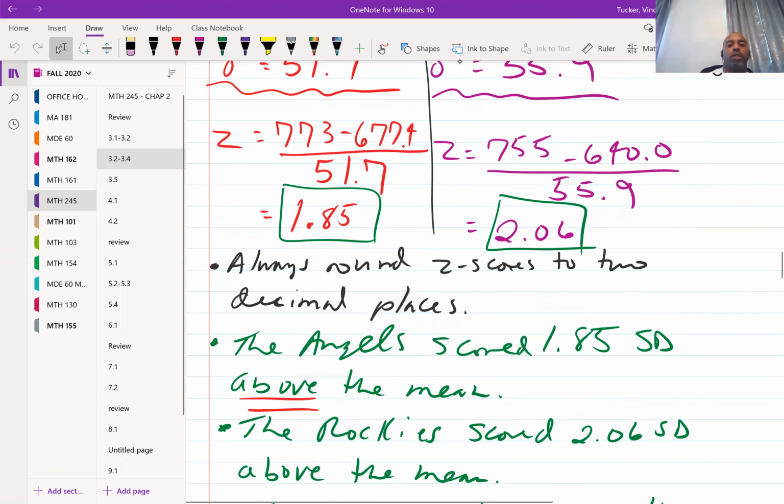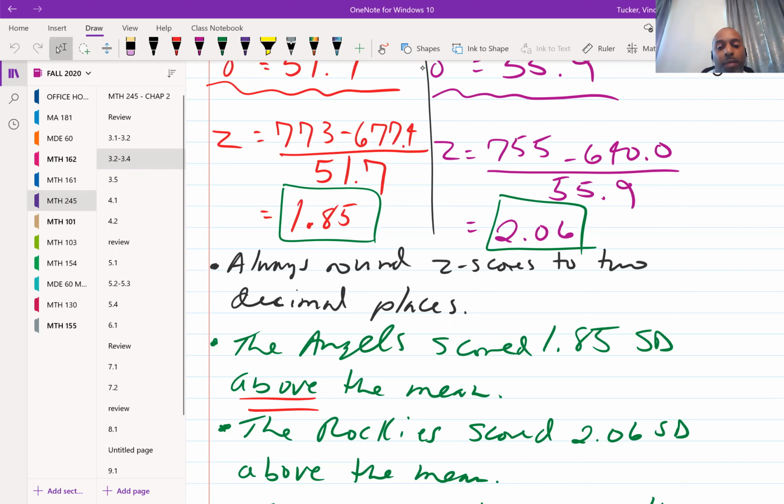All right, so looking at the 1.85 and the 2.06, the Angels scored 1.85 standard deviations above the mean. I underlined "above" just to make sure we understand why we're saying above. It is possible for your z-score to be negative. If it was negative, then we would have said they scored 1.85 below the mean.